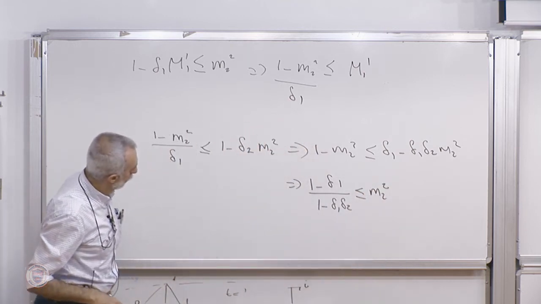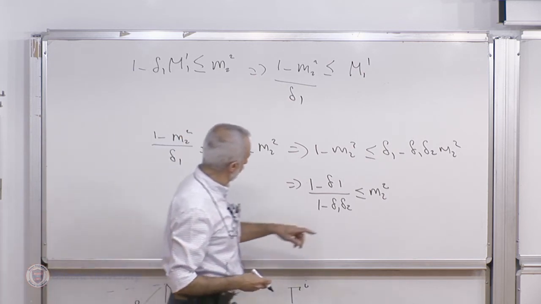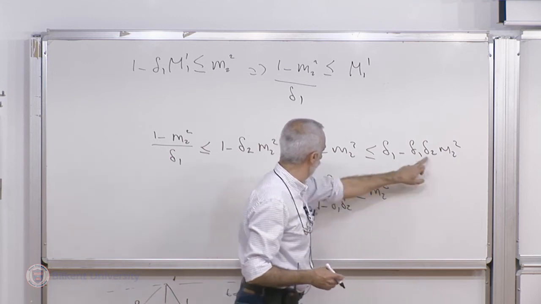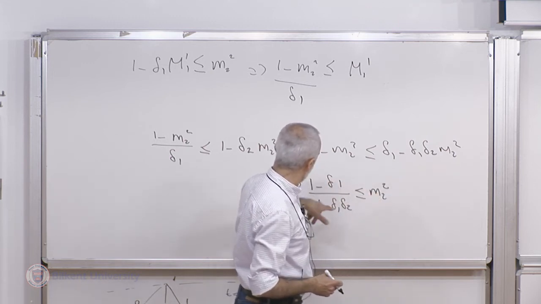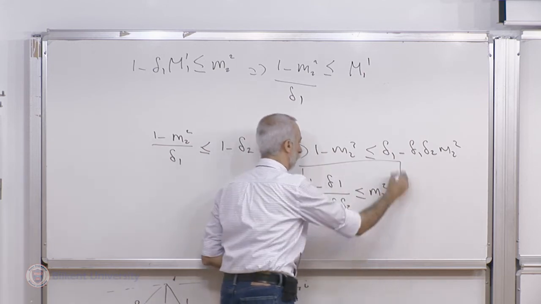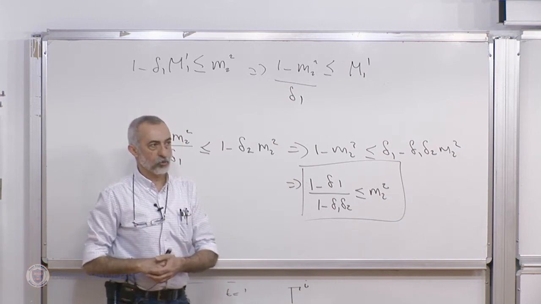Right? I hope I did not make any arithmetic mistakes. I keep making sign mistakes, so I have to be careful. Moved it here, became positive. So factored it out. So 1 minus, yeah. Okay? So far, so good?